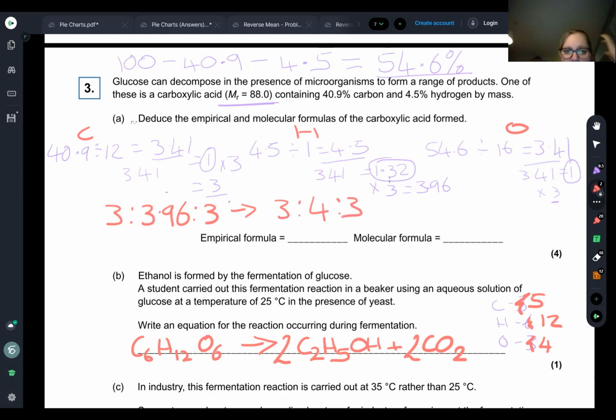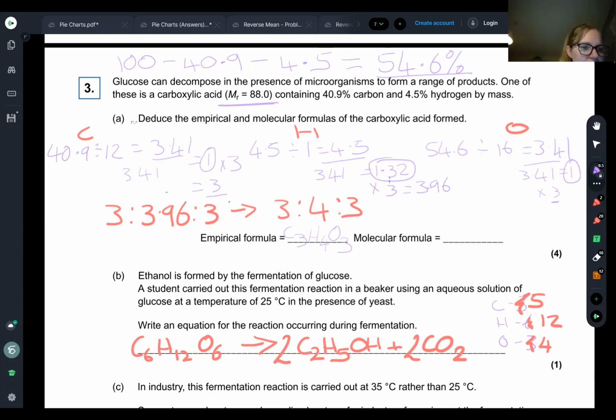So by doing that, that's basically telling us the empirical formula is C3H4O3: 3 carbon atoms, 4 hydrogen atoms, and 3 oxygen. Our empirical formula mass, if we add all of that up together: we've got 3 lots of carbon, which is 12, so 12 times 3 is 36. 4 hydrogens, so plus 4, 40.